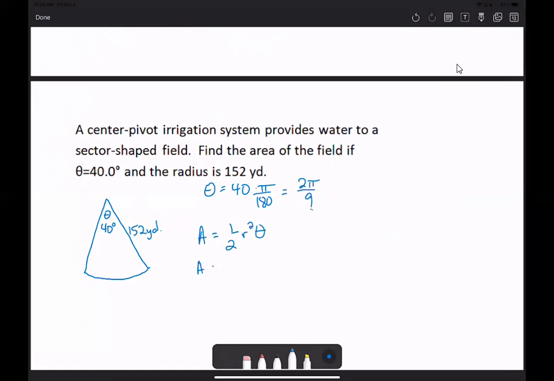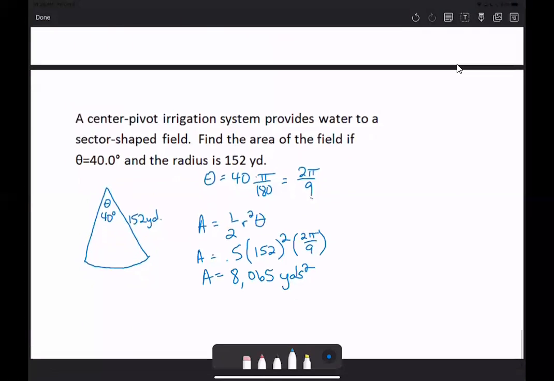You can change that to 0.5. Substitute 152 where r is squared, and then our angle 2 pi over 9. Plug all of that in your calculator and round to the nearest yard squared. So 8,065 yards squared is our total area.